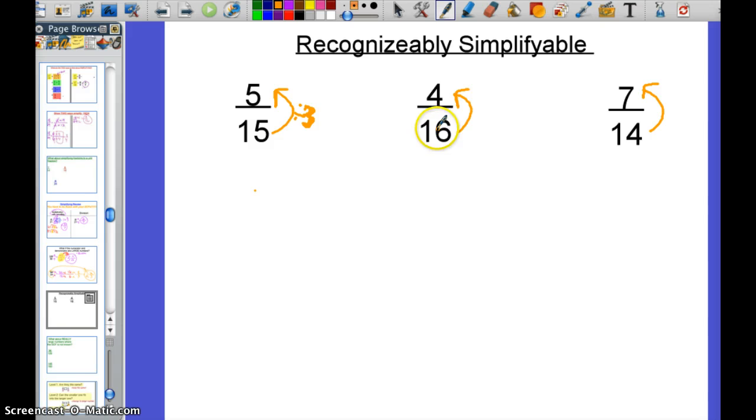And let's see here, 16 divided by 4 is 4. So 4 is 1/4 of 16, and 14 divided by 2 is 7. So it's 1/2 of 14.